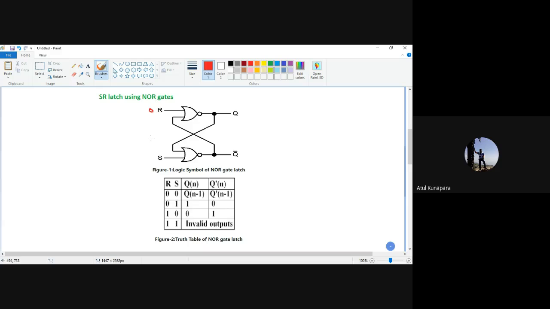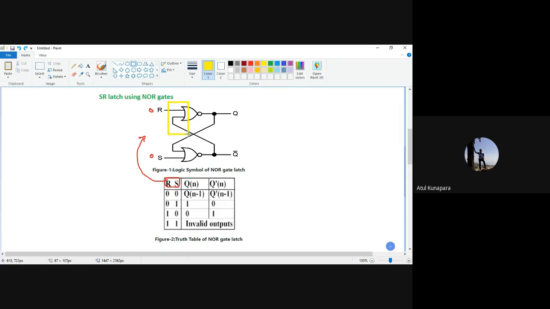In the table, the first column gives you the inputs R and S, what we are providing at the input side of this latch.